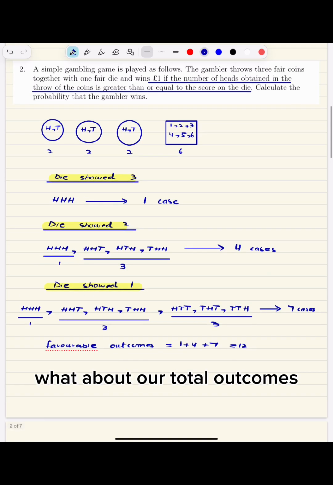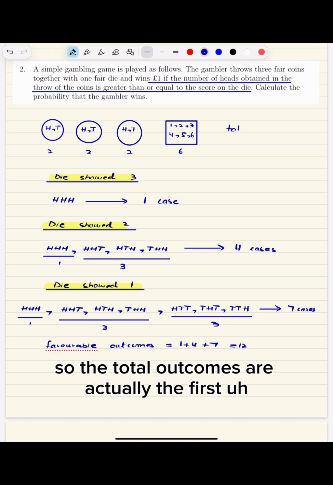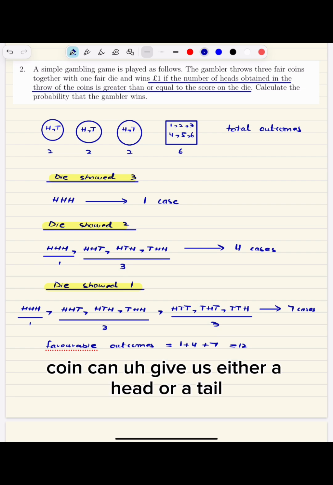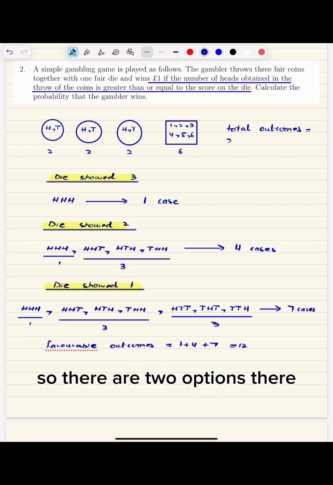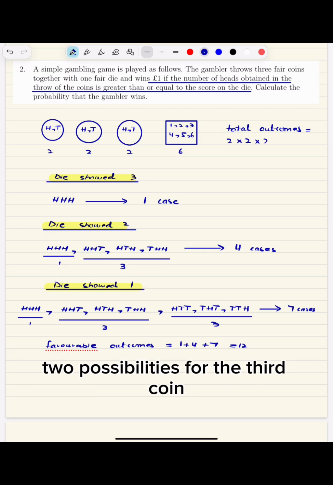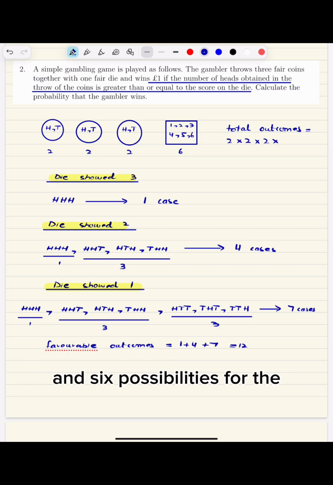What about our total outcomes? The first coin can give us either a head or a tail, so there are two options there. There are two possibilities for the second coin, two possibilities for the third coin, and 6 possibilities for the last, which was a die.